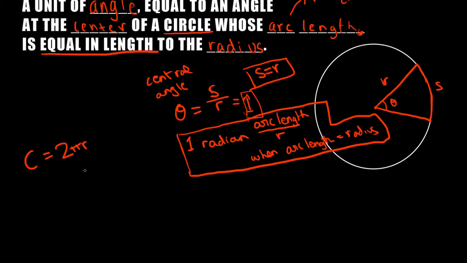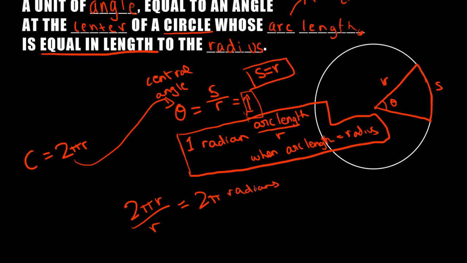That's just another definition. So if we were to plug this into that formula, we would get 2 pi r over r, which gives us 2 pi radians. So we have 2 pi radians in a circle. Okay, so just key to remember.